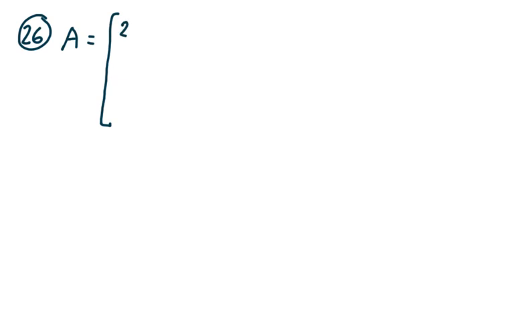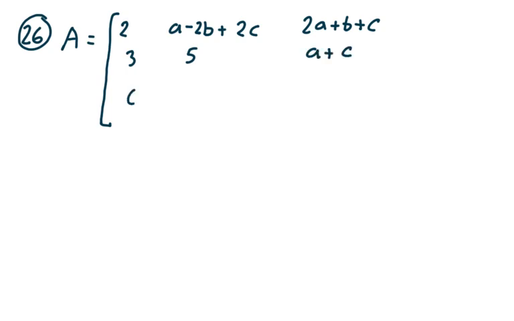In the first row, we get 2, A minus 2B plus 2C, and then 2A plus B plus C. Then 3, 5, A plus C, and then 0, -2, 7.